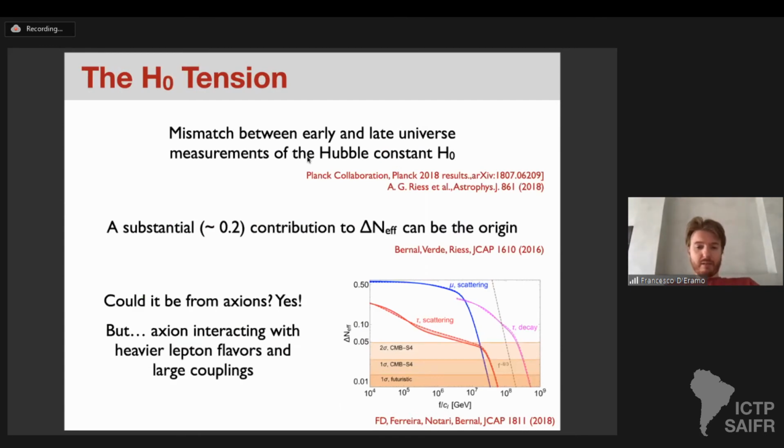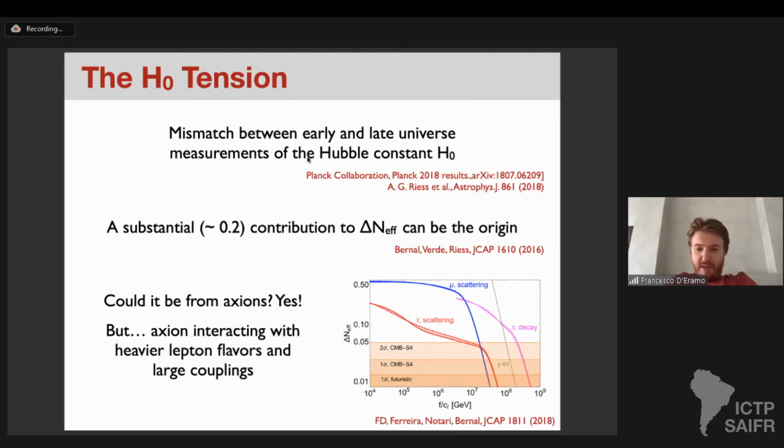I would like to mention also something else that I did on axions recently. There is the so-called Hubble tension that was mentioned yesterday in the Q&A. There is a mismatch between two measurements of the Hubble parameter, one performed in the local universe, so performed today, another one performed at the time of CMB formation. And a substantial contribution to delta N effective could be the origin of this mismatch.